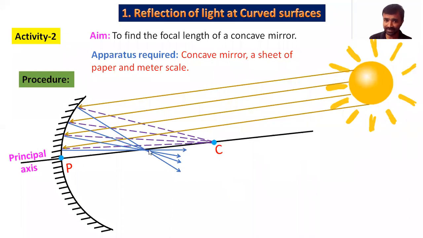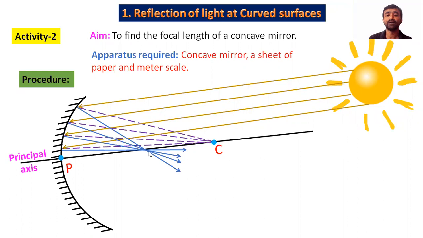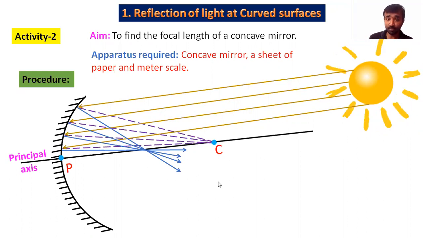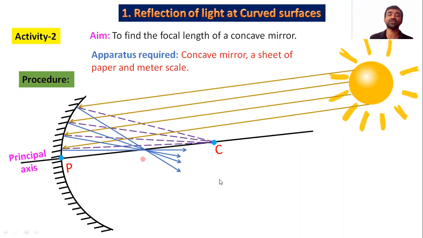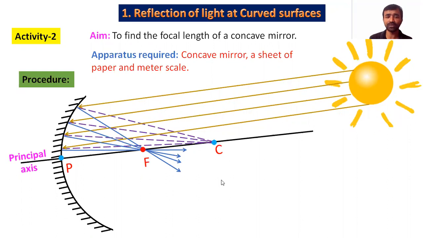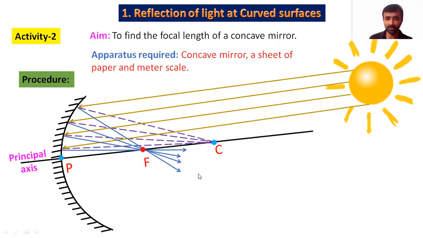All the light rays converge at a common point which lies on the principal axis. That point we call the focus, denoted by the letter F.